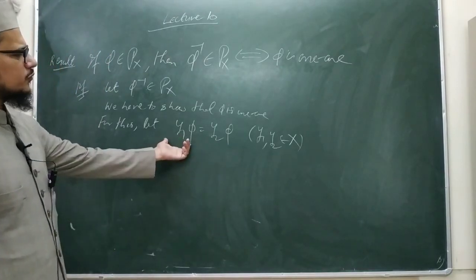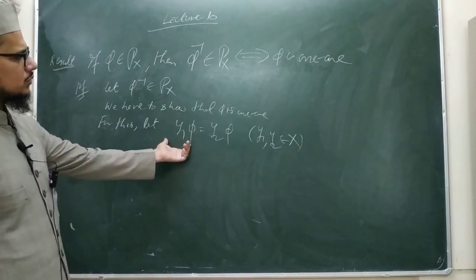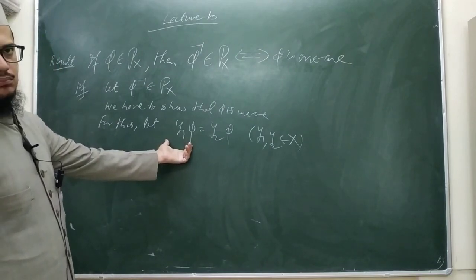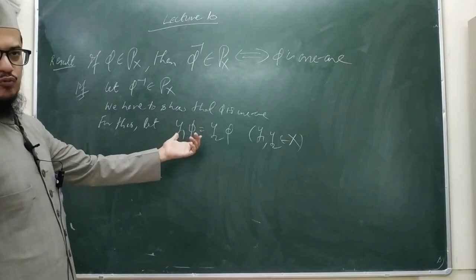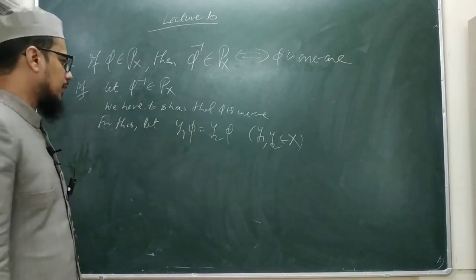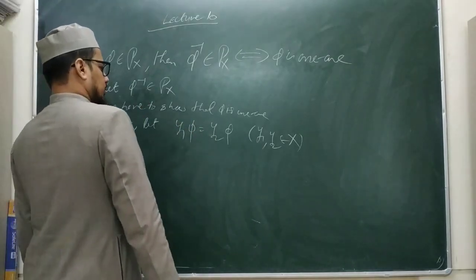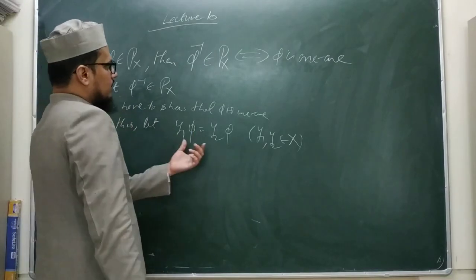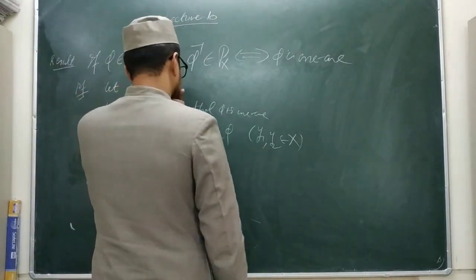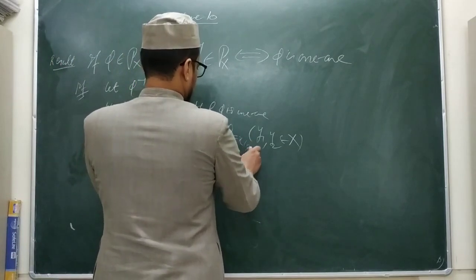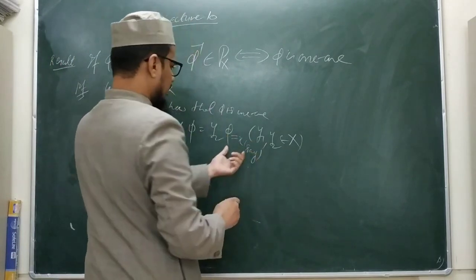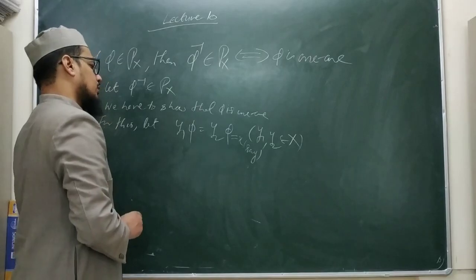So in order to prove phi is 1-1, what do we have to prove? We have to prove that y1 is equal to y2. Correct. So y1 phi is equal to y2 phi, and we have to prove y1 equals y2. Without loss of generality, we can assume both are equal to some x.